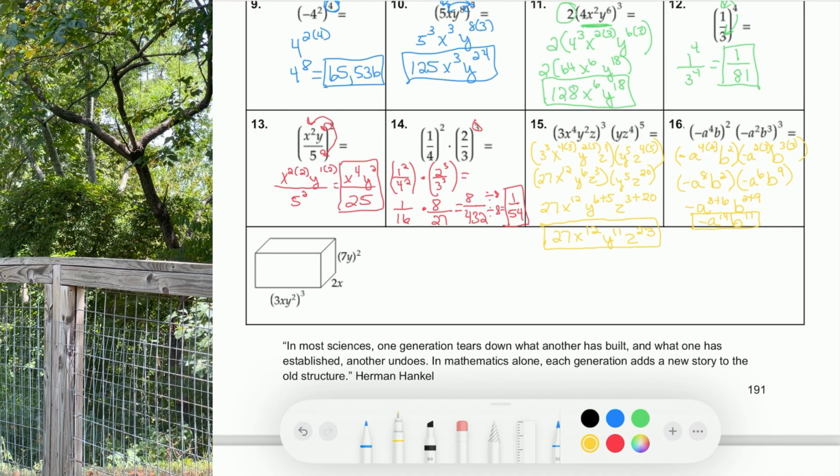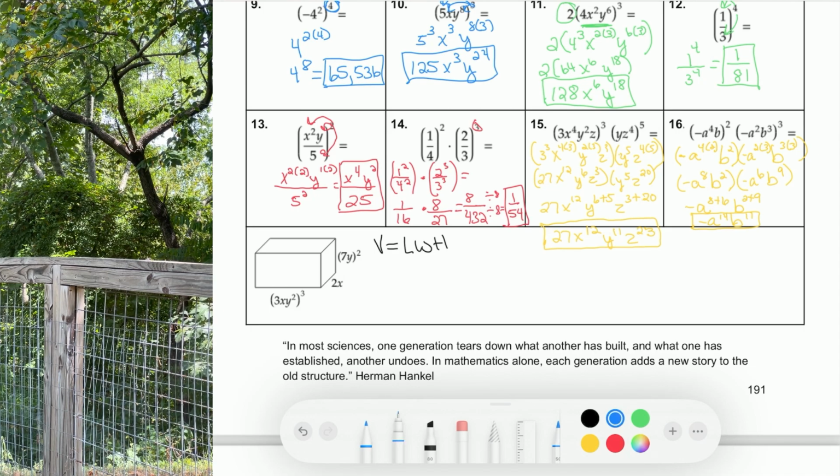Now let's look at this cube over here, this rectangular block. We're going to look for our volume in this particular shape. So let me write that here. We're looking for volume. And volume is length times width times height. So we're going to use that.